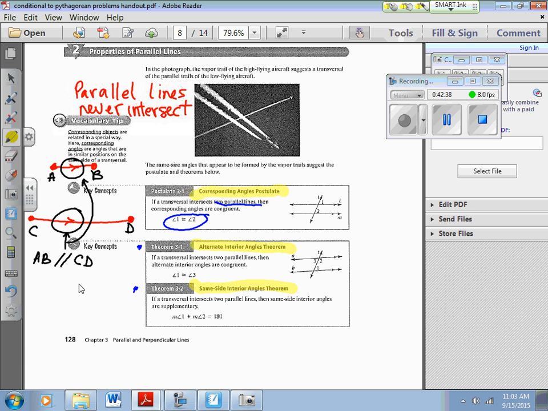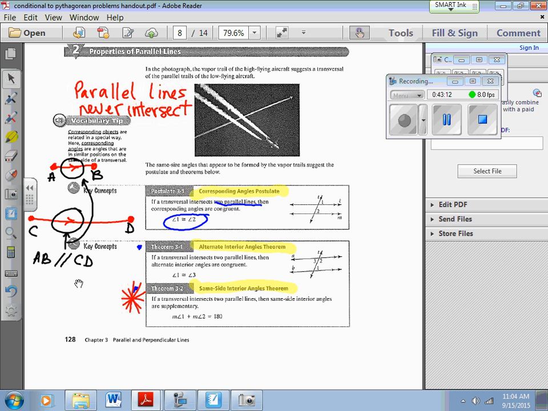Is everybody okay with those corresponding angles right now? You notice that alternate interior angles are congruent if two lines are parallel and they're cut by a transversal. Now, please put a star here on same side interior angles, because those are not equal to each other. You notice that they add up to 180?